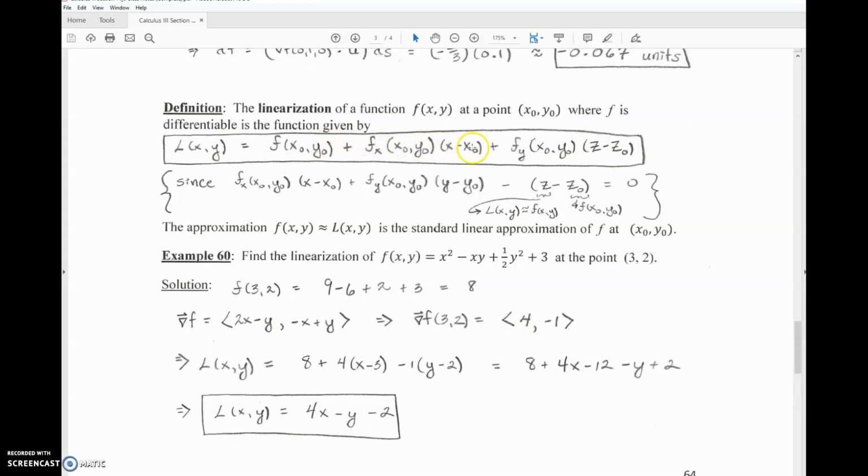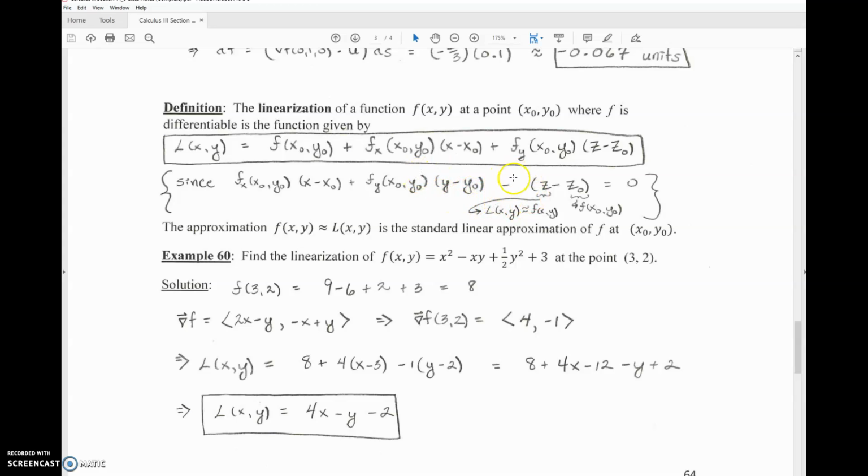So why is this using the equation of the tangent plane? Because this is the tangent plane right here. Remember, we take the gradient of f and evaluate it at x naught, y naught. So we take the partial of f with respect to x, evaluated at x naught, y naught, times x minus x naught, plus the partial of f with respect to y, evaluated at x naught, y naught, times y minus y naught.